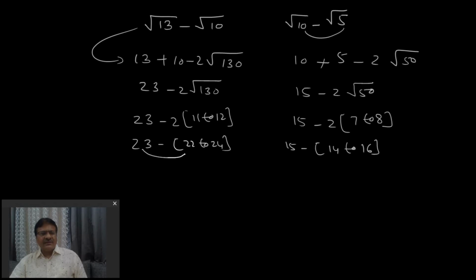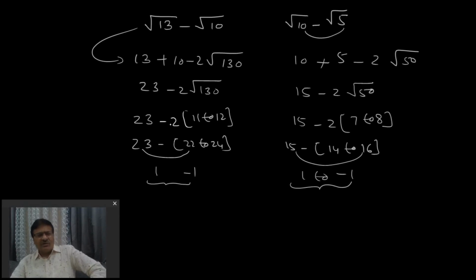So 23 minus 22 is 1, and 23 minus 24 is minus 1, so it is somewhere between 1 and minus 1. And 15 minus 14 is 1, and again 15 minus 16 is minus 1, again it is somewhere between 1 and minus 1. Again I am in a dilemma, right? So in this dilemma, what to do, how to decide? I have to observe them minutely, then only I will be able to get the answer.